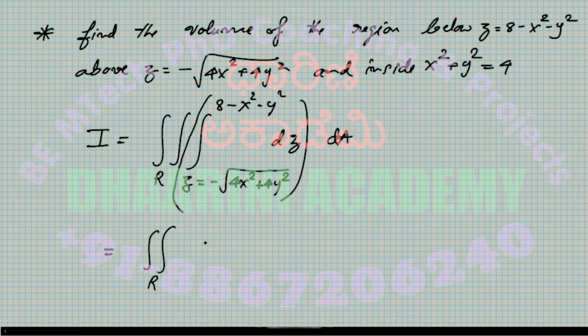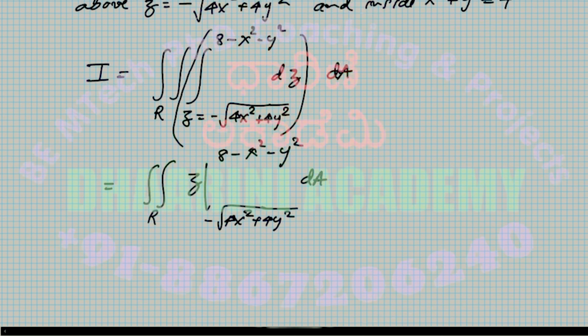So it's z starting from minus root of 4x square plus 4y square till 8 minus x square minus y square, right? I have a dA remaining outside, right?